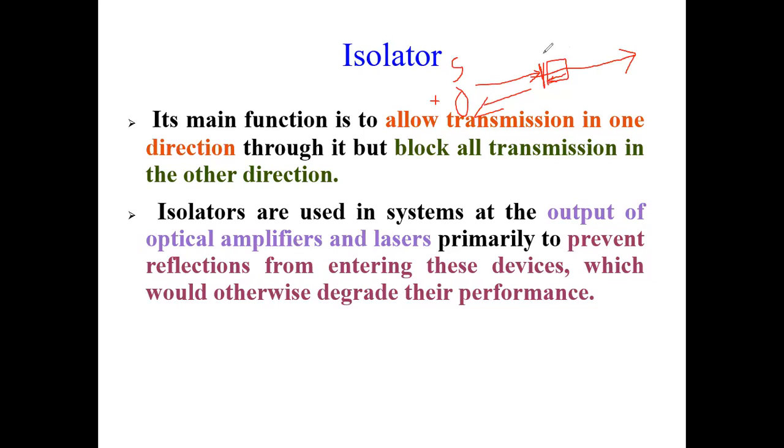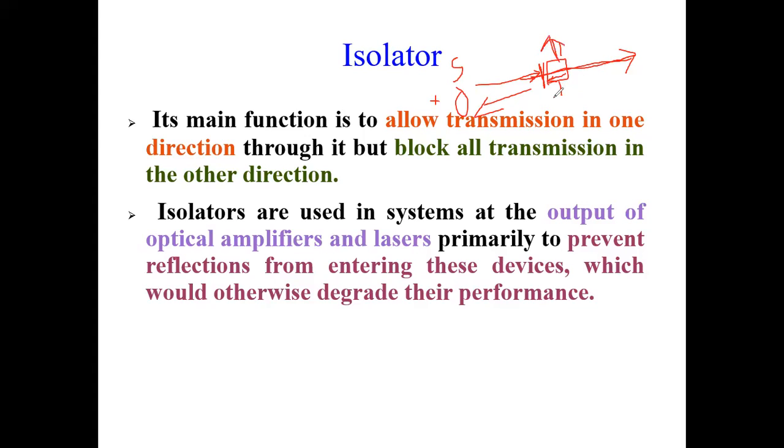Okay, so that's why we can use an isolator after the source. Okay, so it blocks transmission in all other direction. Okay, so suppose if there is one connection over here, connection over here, if I have decided my signal will only go through this path and it will not allow the signal to come out of any other path if it is there.